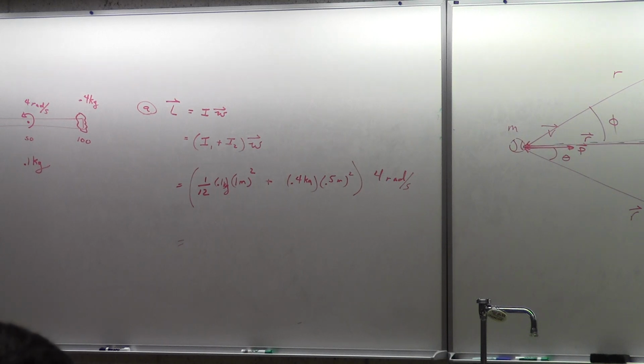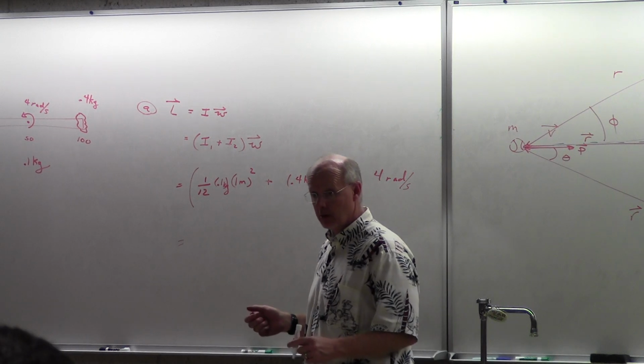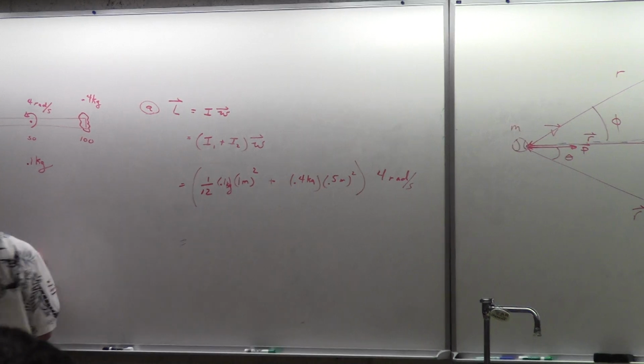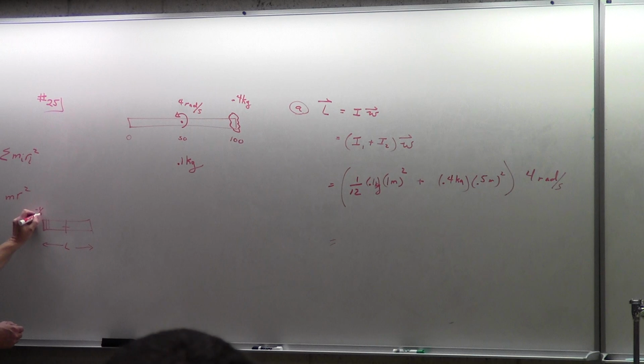Why did you put 1 meter for the whole, just because that whole thing measures 1 meter? Here? Yeah. 1 meter? I thought the R would be half of it since it's just rotating. Well, okay, yes, but that's not what we derived. When we derived, we took a meter stick or a rod and we put the axis at its center, and the whole length of the rod was L, and we added up chunks from minus L over 2 to plus L over 2.